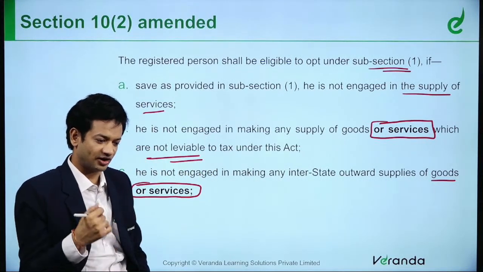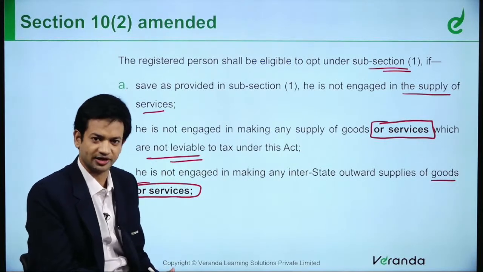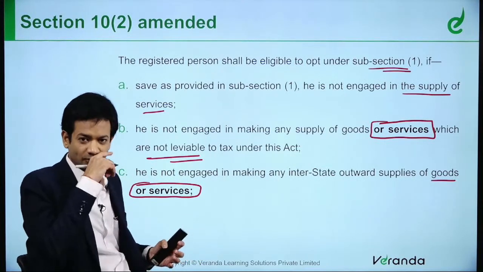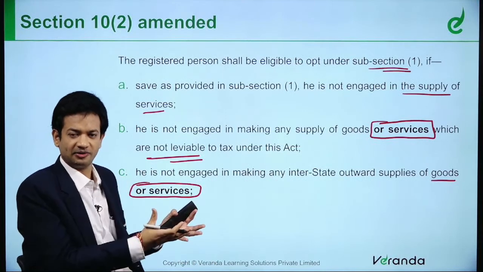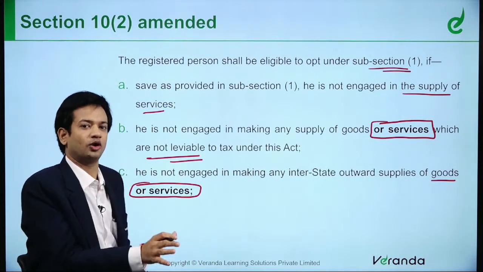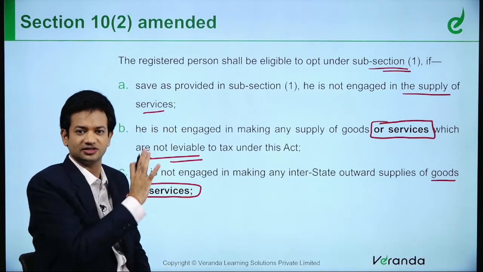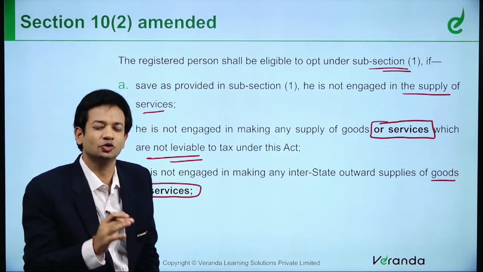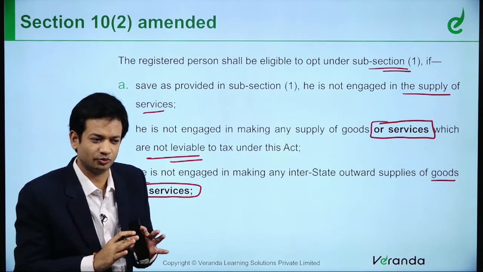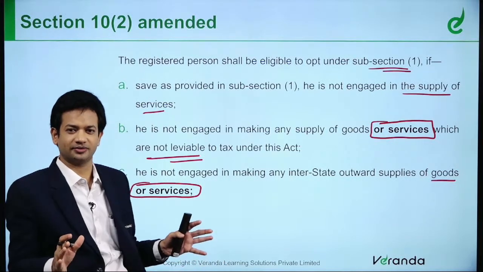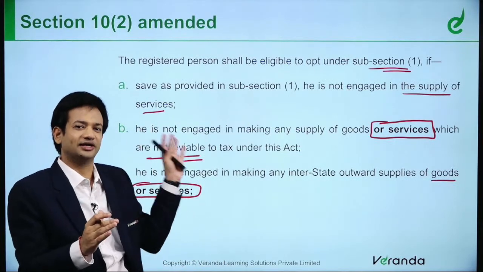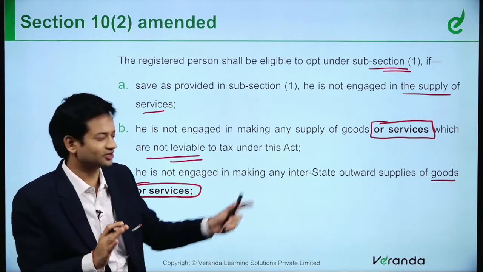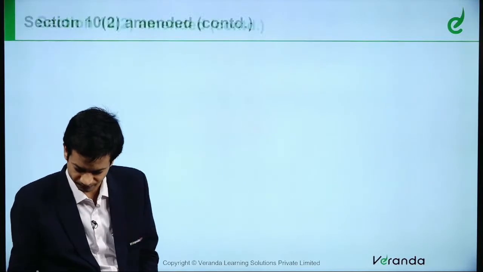So let's take the example of Swiggy, if I'm delivering food outside the state. If I'm making an interstate supply of service, now onwards post the amendment, I will not be eligible under this. Just as I said, to bring similarity, to make the conditions the same in 10(2) and 10(2)A, they have just inserted the word service in another clause also.